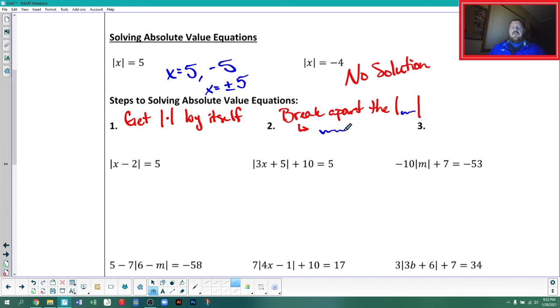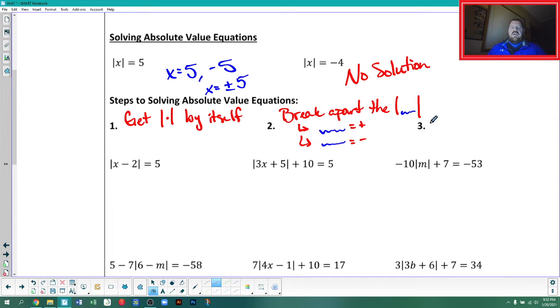Whatever's inside the absolute value equals the positive version, and whatever's inside the absolute value equals the negative version of whatever's on the other side of the equation.